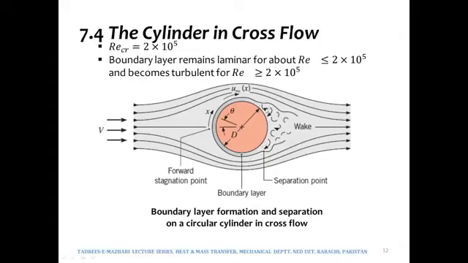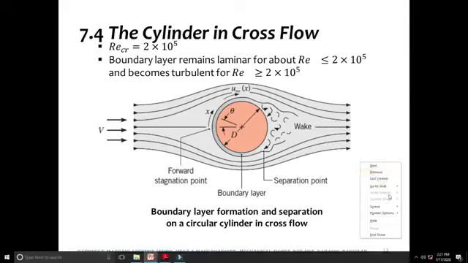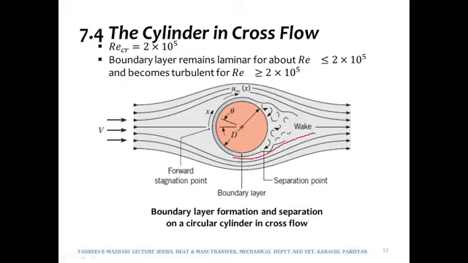Since they will not be able to exactly follow this circular path, the streamlines would come in, and then instead of following the surface, they will try to go in this particular direction, as is illustrated over here.